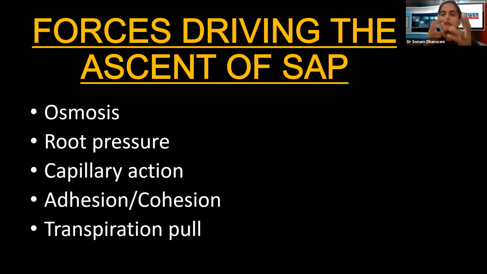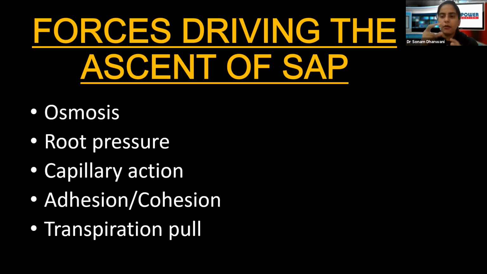Continuing like this, this water also has some force of attraction with the parts around, with the cell walls, with the walls of the stem, or with other solutes and nutrients that are coming in contact and going upwards in the ascent of sap. So using this adhesion and cohesion force, this water will form its column and start moving upwards.